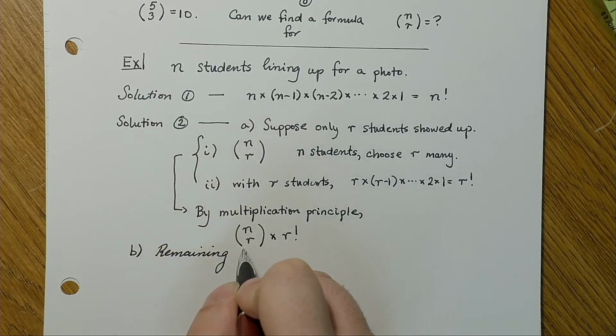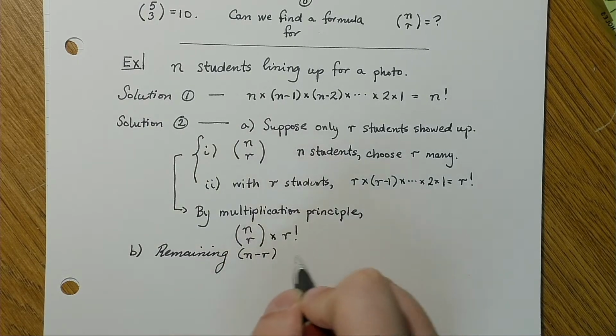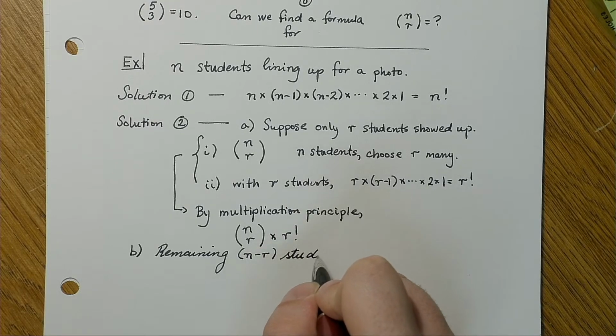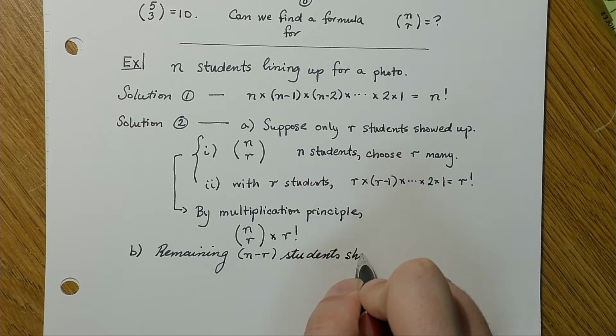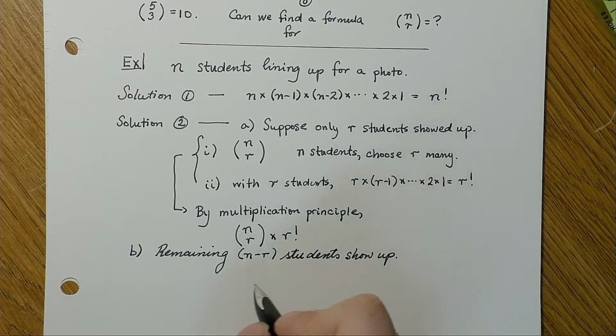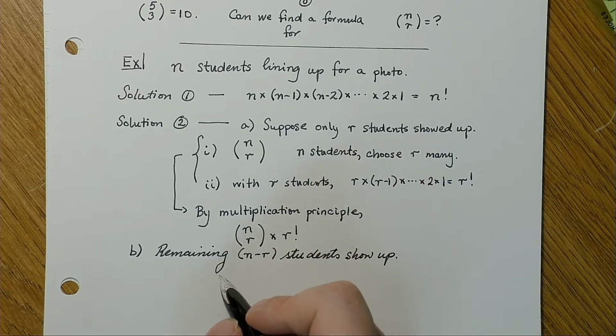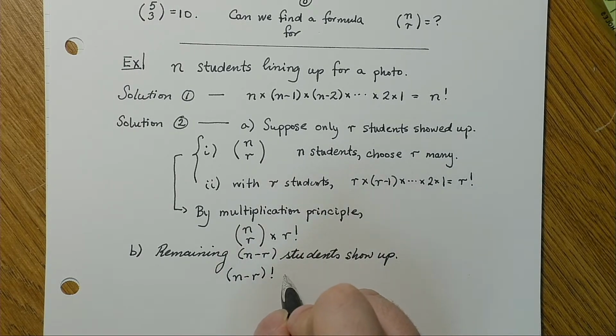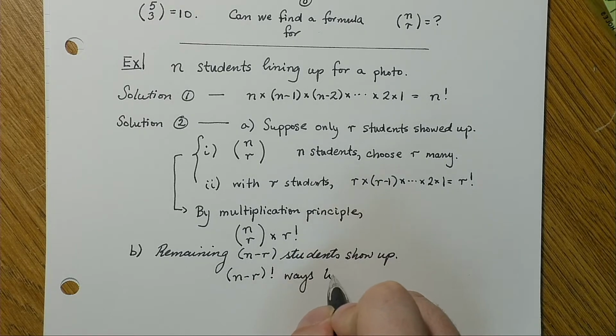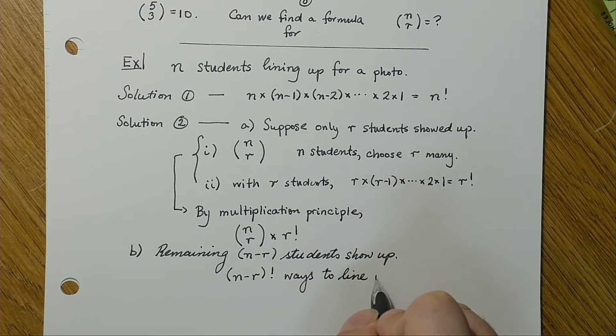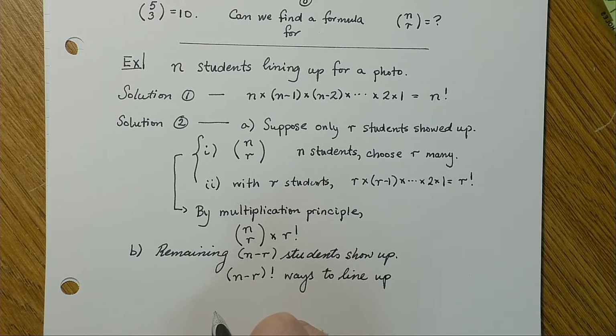So I have the remaining, so n minus R students show up, which means that I have n minus R factorial ways to line up those other ones. So in this case, to line them up.